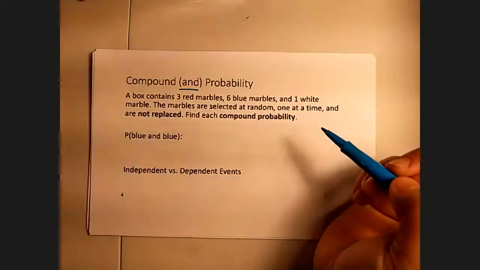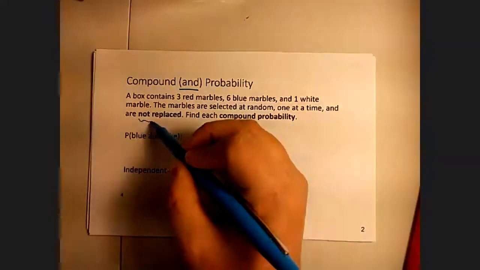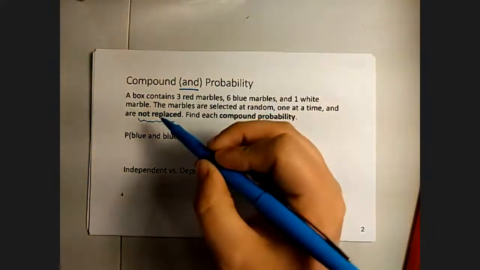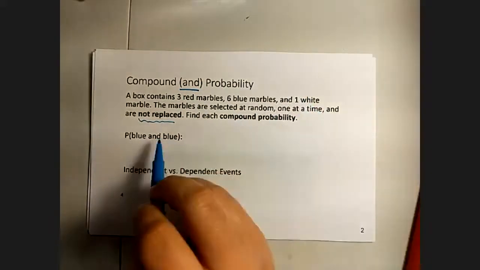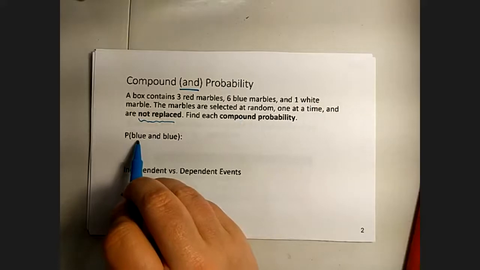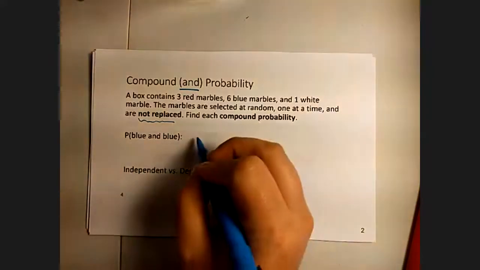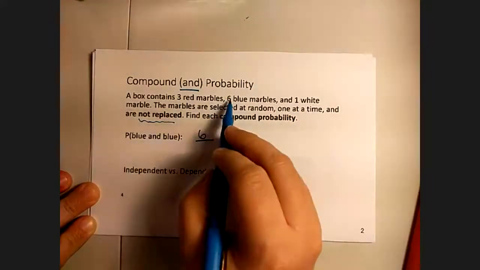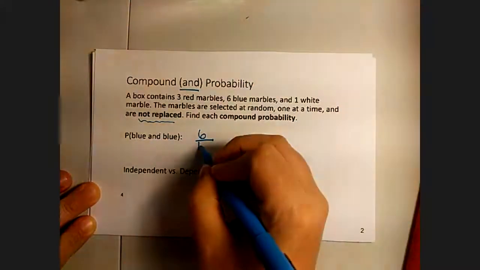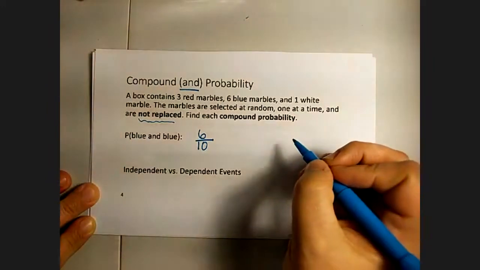This is dependent because the marbles are not being replaced. Whatever happens the first time impacts what happens the next time you pull a marble. If I'm looking for the probability that I get a blue marble and another blue marble, the first time I have 6 out of 10 chance of getting blue, since 3 plus 6 is 9, and 1 is 10.